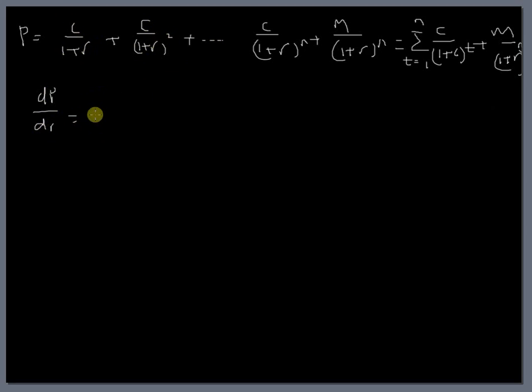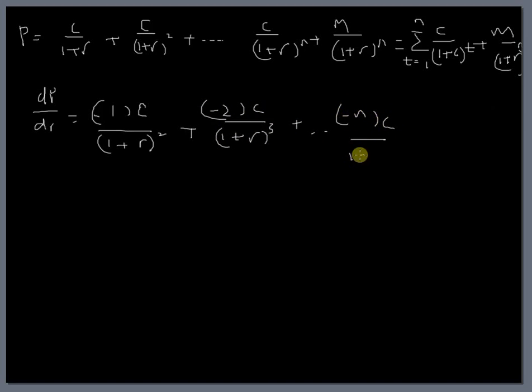So this one will be minus 1 C over (1 plus R) squared, plus minus 2 C over (1 plus R) cubed, and so on, minus N C over (1 plus R) to the power of N plus 1, plus minus N M over (1 plus R) to the power of N plus 1.